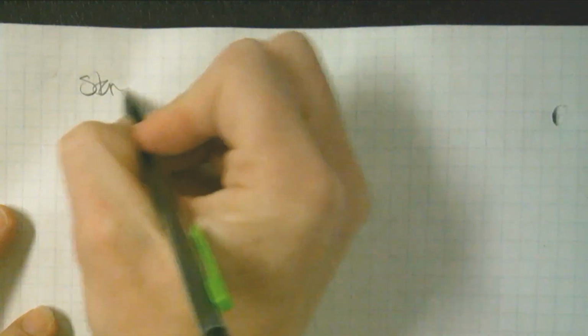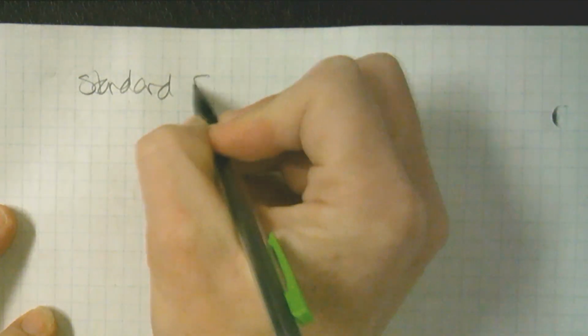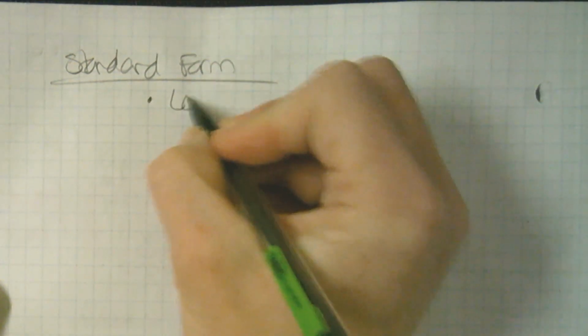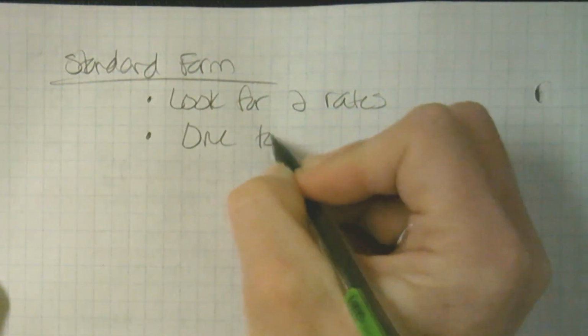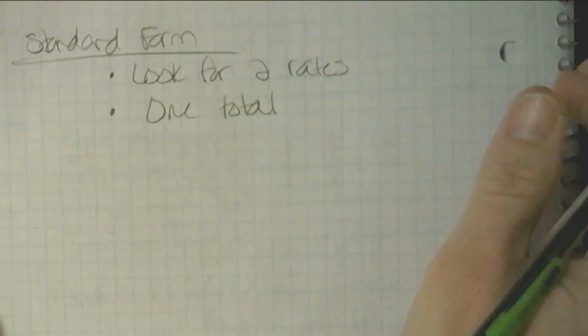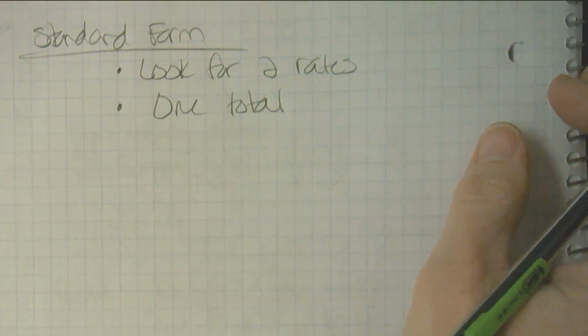So when we're talking about standard form, what you're looking for is you look for 2 rates and you look for 1 total. So you look for 2 rates and 1 total. All right.